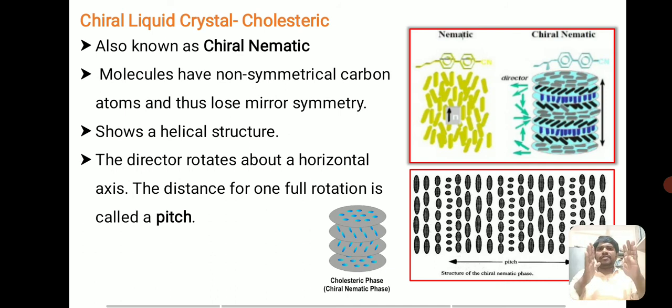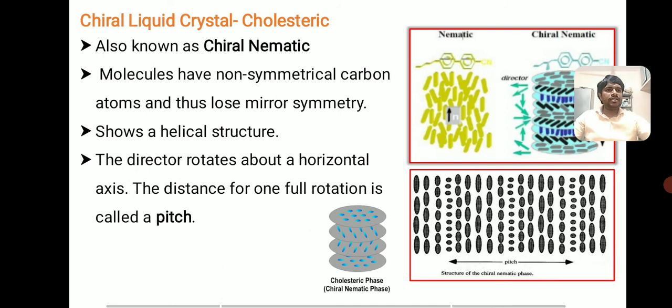And these crystal phases show a helical structure. You can observe here the helical structures, and the director rotates about a horizontal axis. You can see the second picture here. The distance for one full rotation is called the pitch.